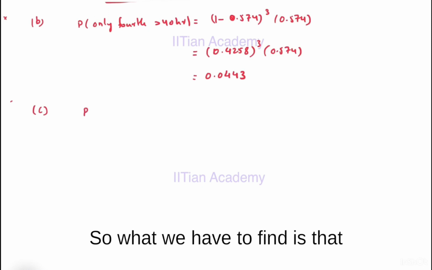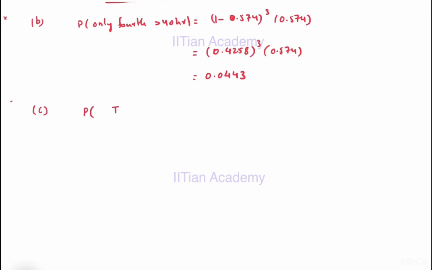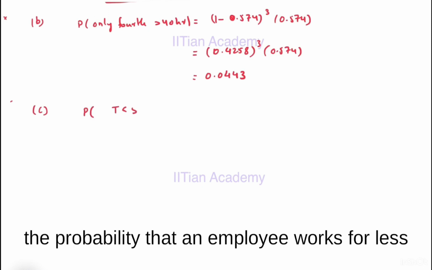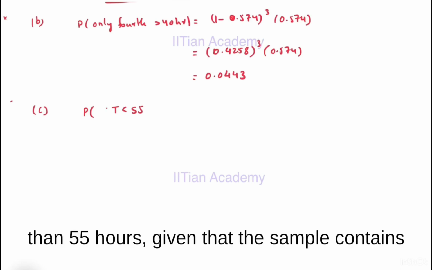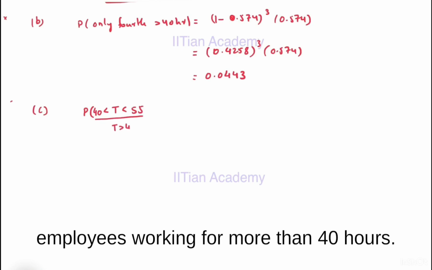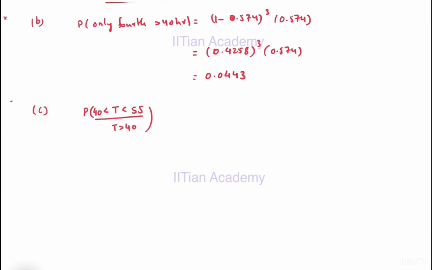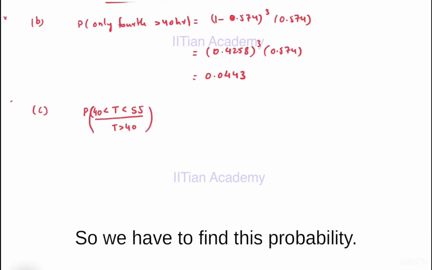So what we have to find is the probability that an employee works for less than 55 hours, given that the sample contains employees working for more than 40 hours. So we have to find this probability.